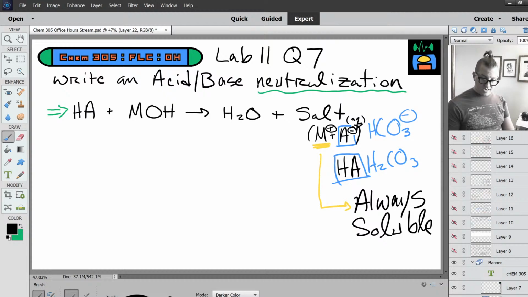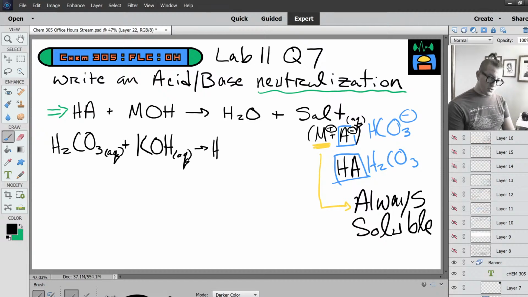So the neutralization reaction then would be carbonic acid, H2CO3, aqueous, plus, I'm going to use potassium because I think it's cool, because KOH has a KO in it.